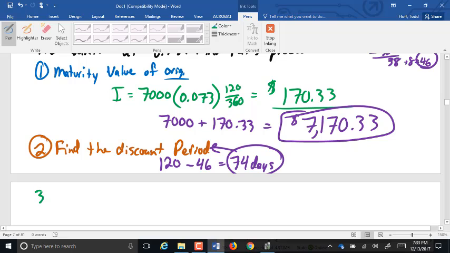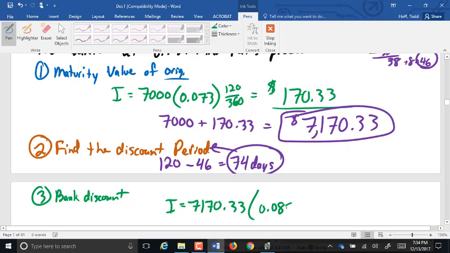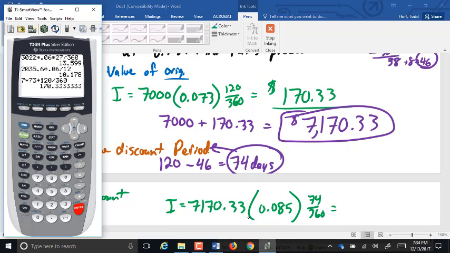Step 3. Use that information to find the bank discount. So that discount will be the maturity value, 7170.33, times the bank discount rate of 0.085, times 74 over 360. 7170.33.